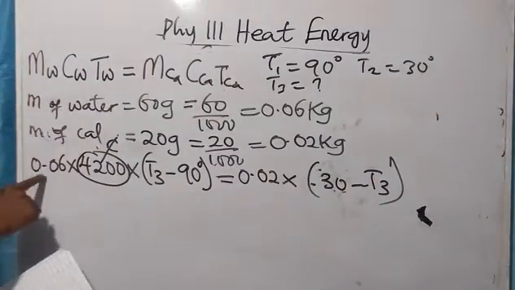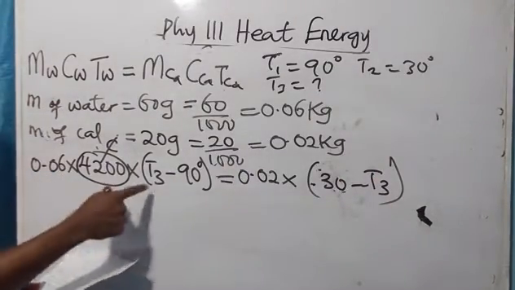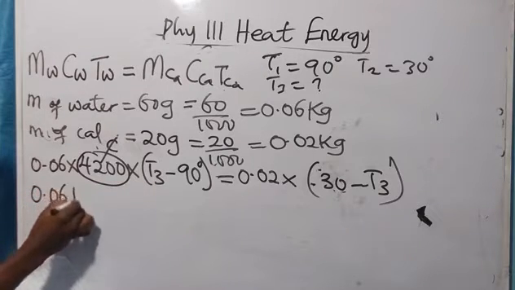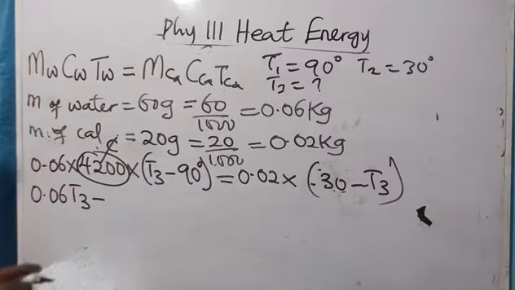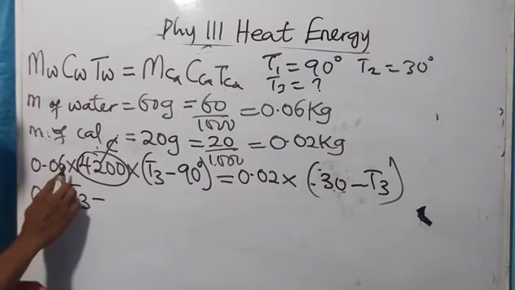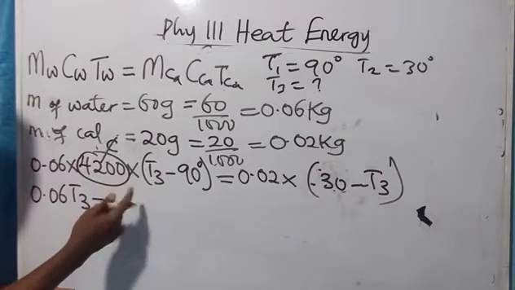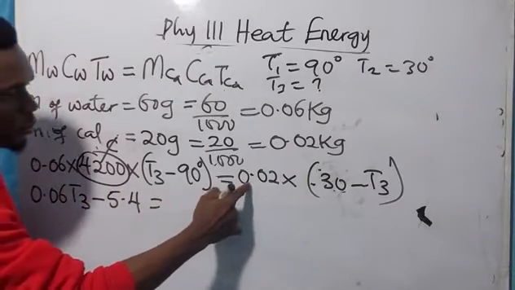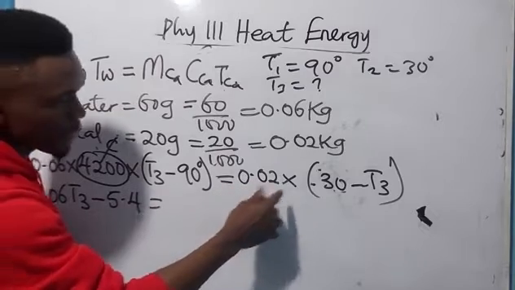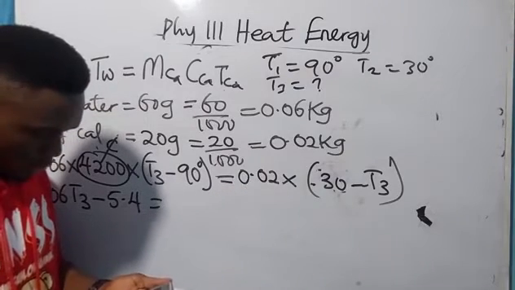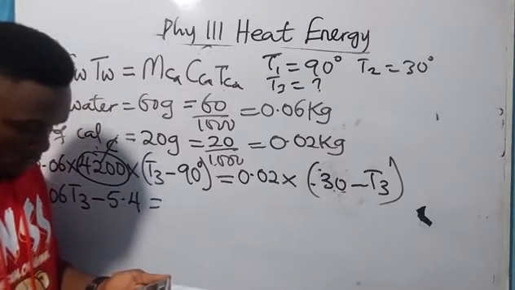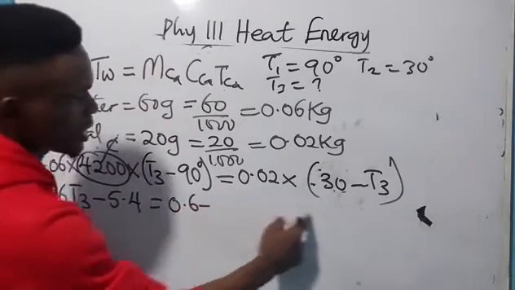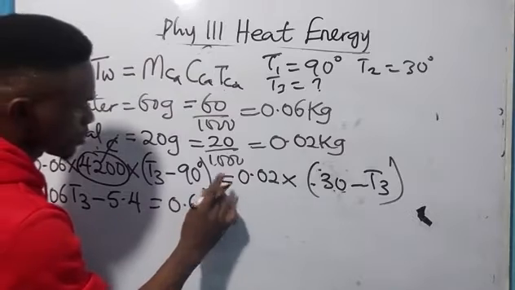So it becomes 0.06 T3 minus 0.06 times 90, which is 5.4, equals 0.02 times 30, which equals 0.6, then minus this times this, you have what?